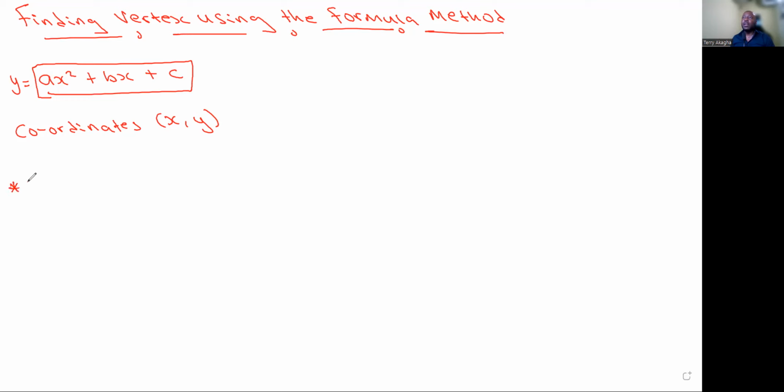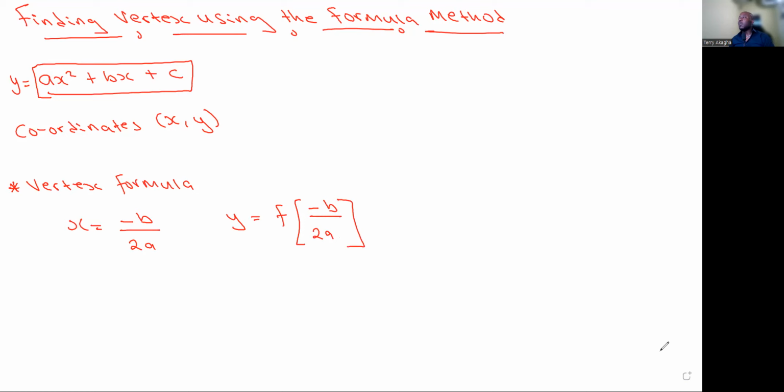The vertex formula for the x coordinate of the vertex is minus b over 2a, and for the y, it is the function you get when you substitute that x. So I'm going to quickly write down the 5 steps on how to find the vertex using the formula method.